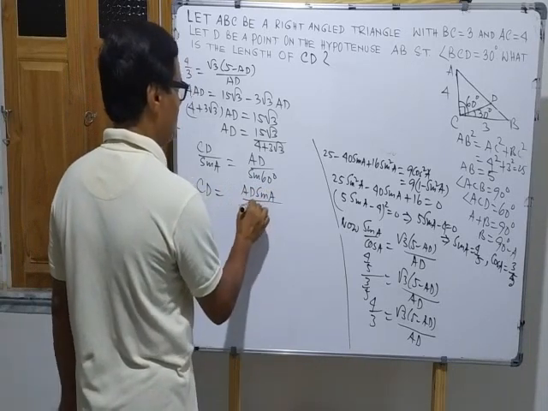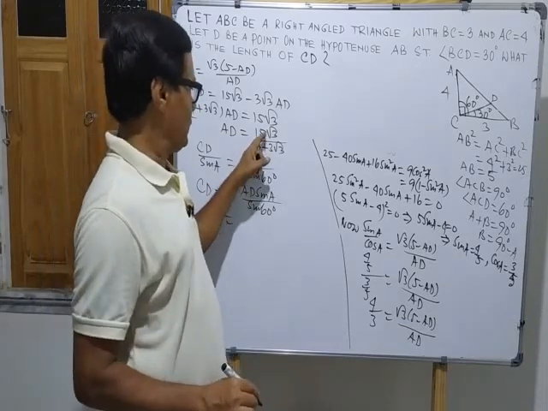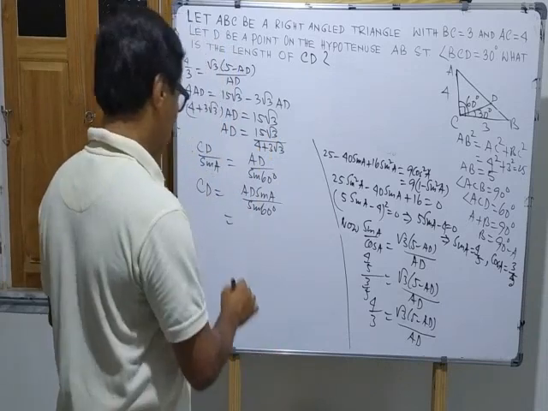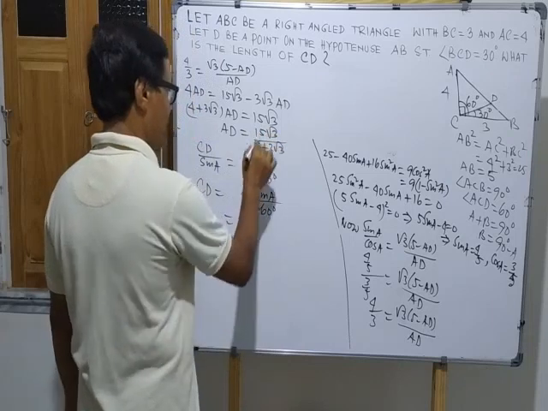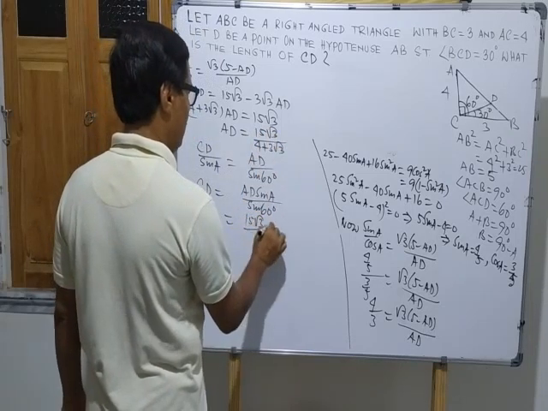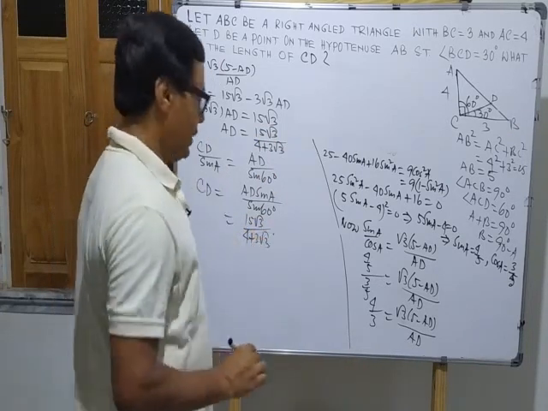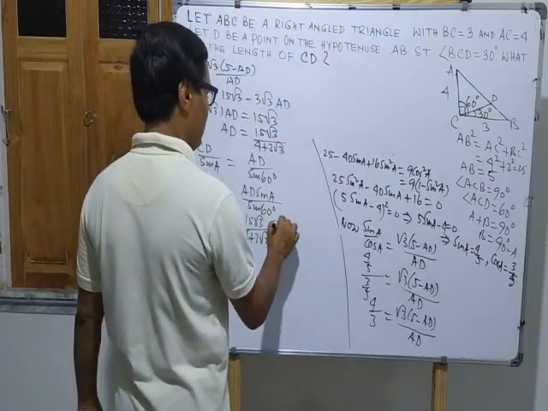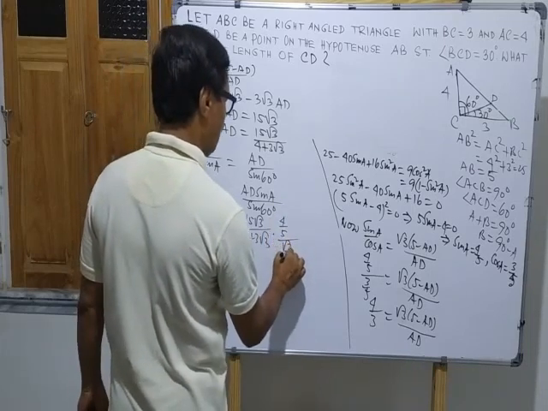But the value of AD is 15 root 3 over 4 plus 3 root 3. We can put this value in this expression: 15 root 3 over 4 plus 3 root 3 into sine A. The value of sine A is 4 over 5, and sine 60 is root 3 over 2.